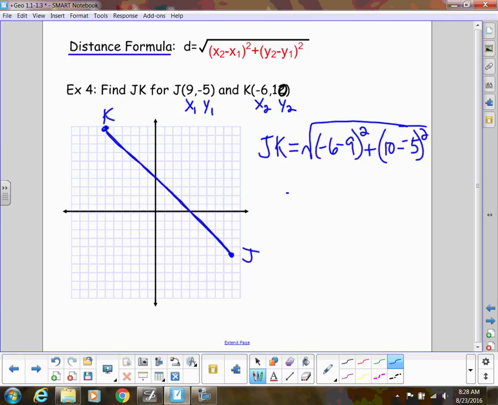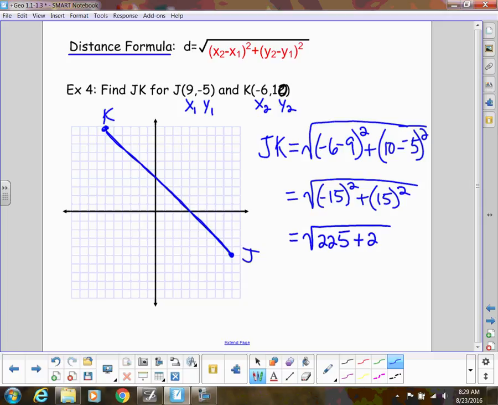And then we just simplify. So work inside the parentheses first. Negative 6 minus 9 is negative 15. And then 10 minus a negative 5 is 15. So 15 squared is 225. And then another 15 squared is 225. Add those together, and then we get 450.